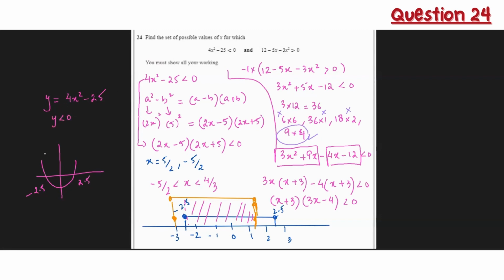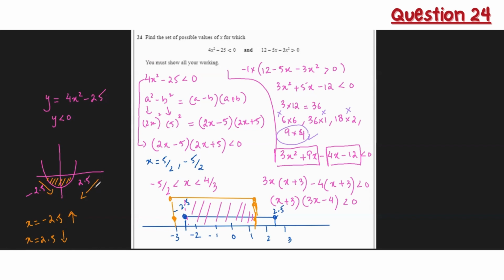And y is less than 0 in the part that is beneath the x-axis, this part. So if you look at the behavior of x values at -2.5, the values of x are increasing, and at x equals 2.5, the values of x are going towards the left-hand side, so they're decreasing. So it's a converging range.